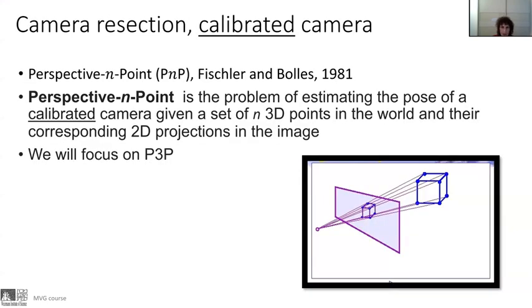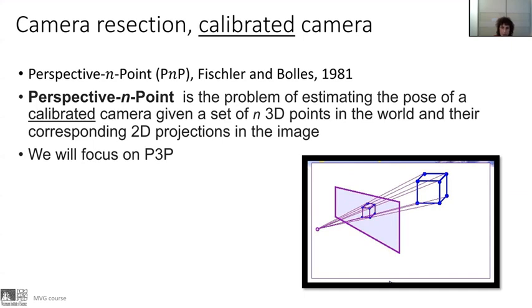Now I want to speak about camera resection in the Euclidean space. I guess you understand that so far we spoke about a general camera matrix, right? We spoke about the camera matrix in the projective space. Is this clear? I want to move now to camera resection in the calibrated space, in the Euclidean space, calibrated camera.